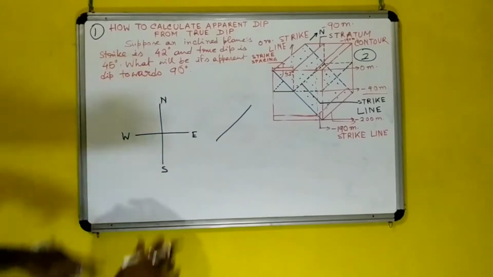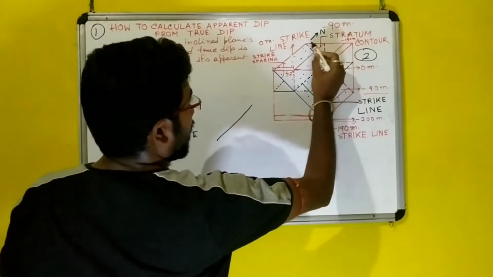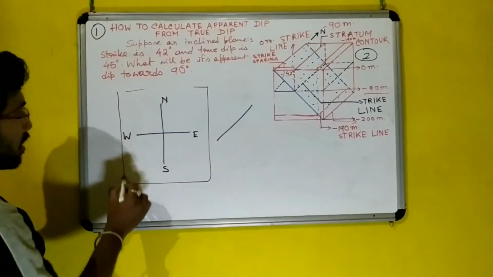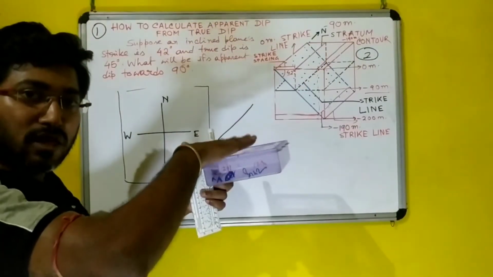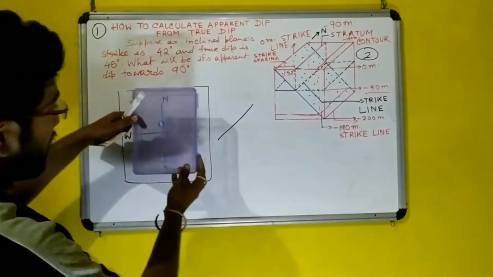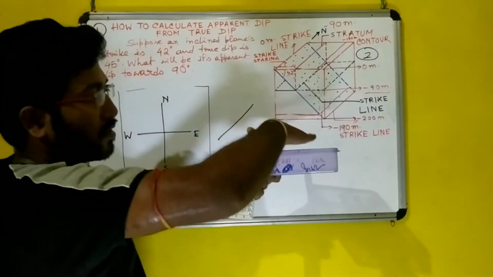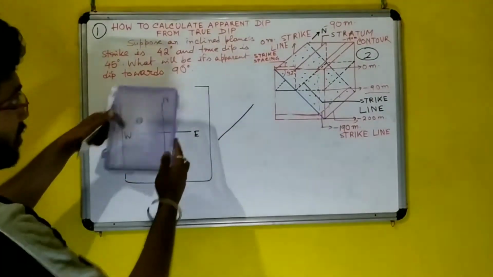This is the plane. Since this is the cube, this top plane I am bringing here on the whiteboard, in three dimensions.